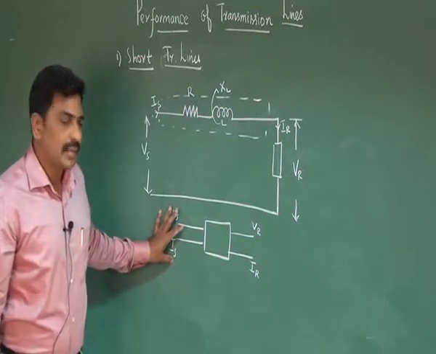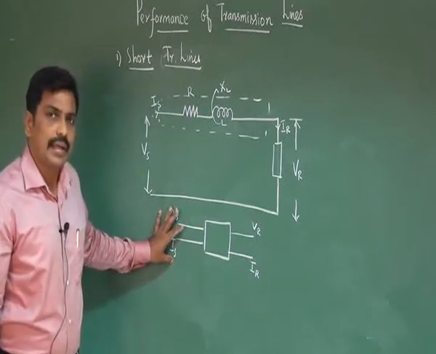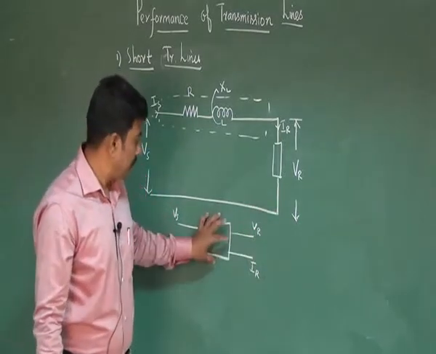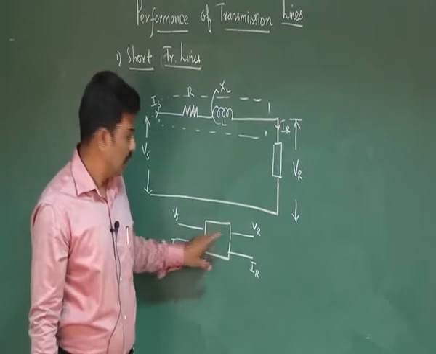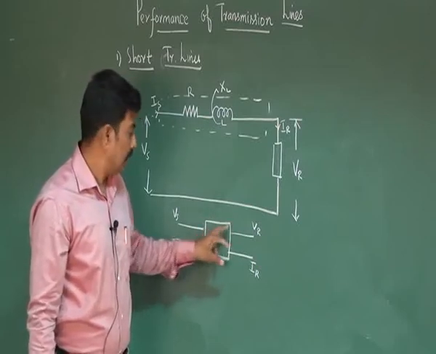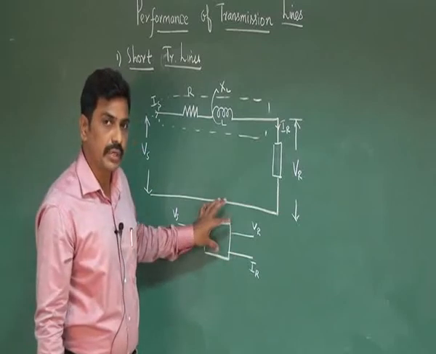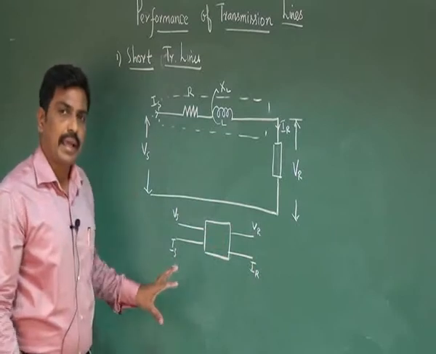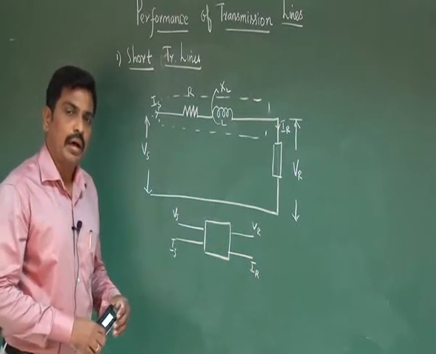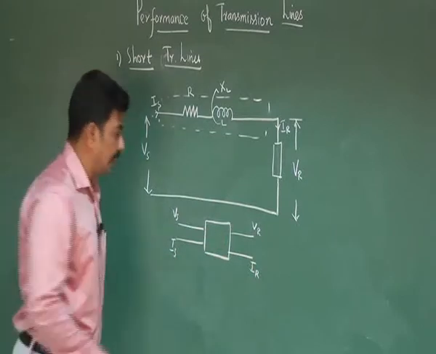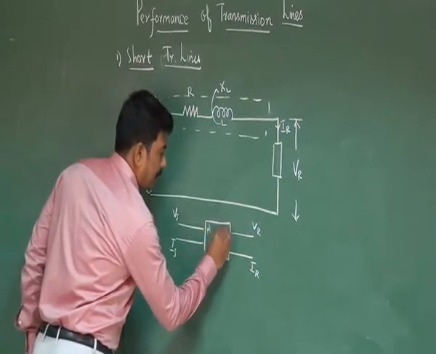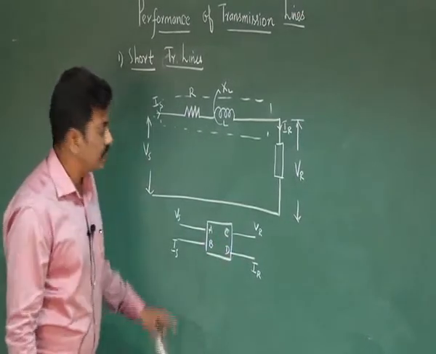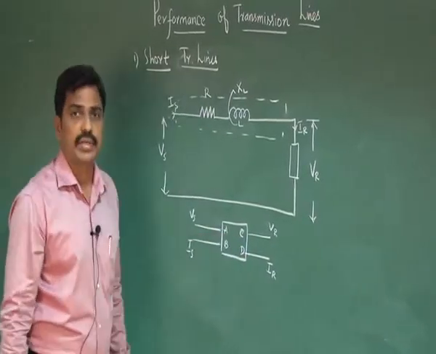Now you see, these sending end parameters can be easily written in terms of receiving end parameters. So in between we have a port. Two port means two input variables and two output variables. So 2-port network. Now all these four parameters can be easily compared and correlated with the help of parameters A, B, C, D. These parameters are called ABCD constants.